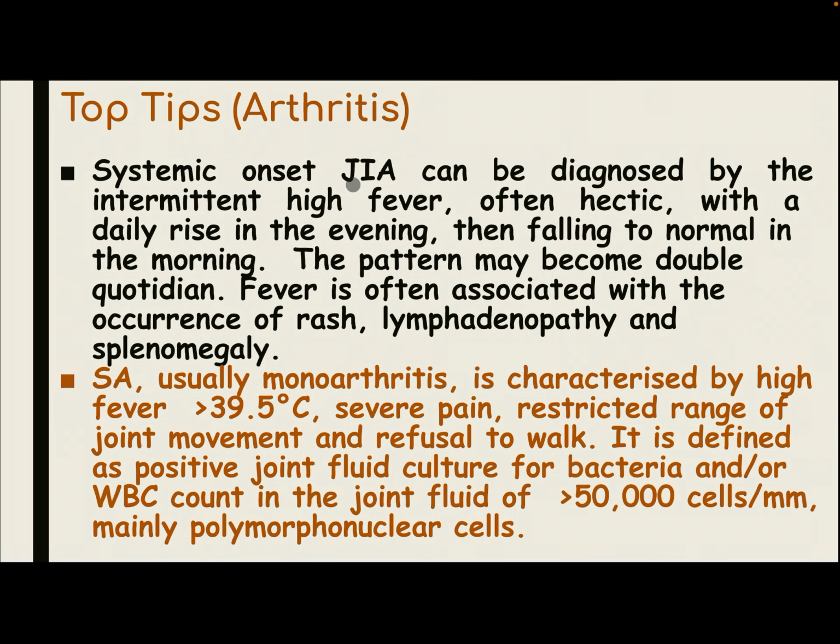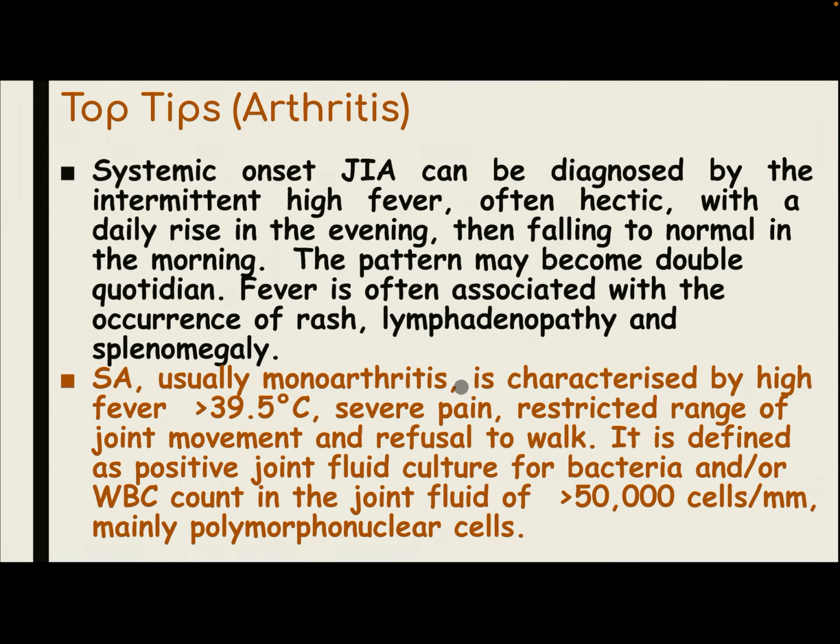Systemic onset JIA can be diagnosed by an intermittent high fever, often hectic, with a daily rise in the evening, then falling to normal in the morning. The pattern may become double quotidian. Fever is often associated with the occurrence of rash, lymphadenopathy, and splenomegaly.